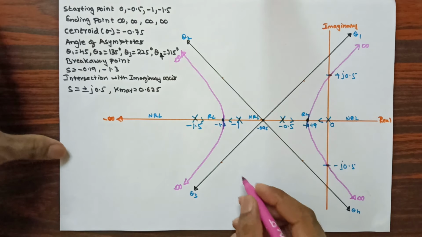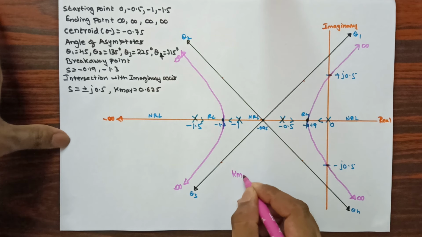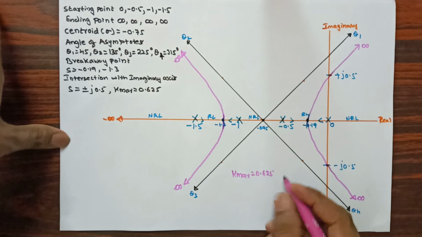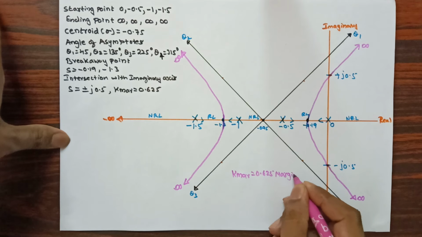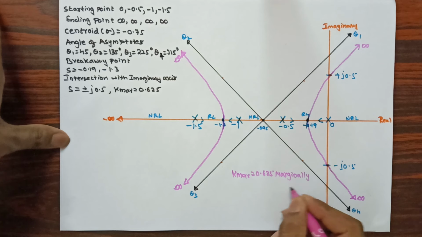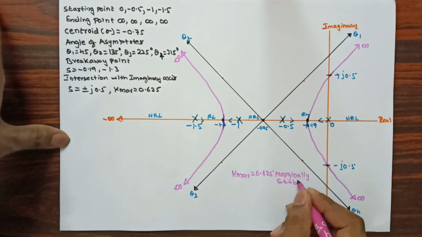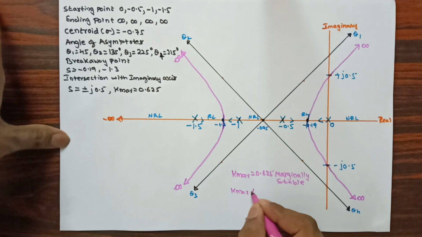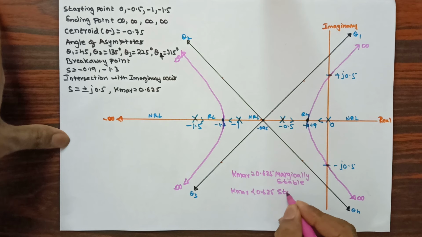So here I can comment: k margin equal to 0.625, the system is marginally stable. For k less than 0.625, stable system.